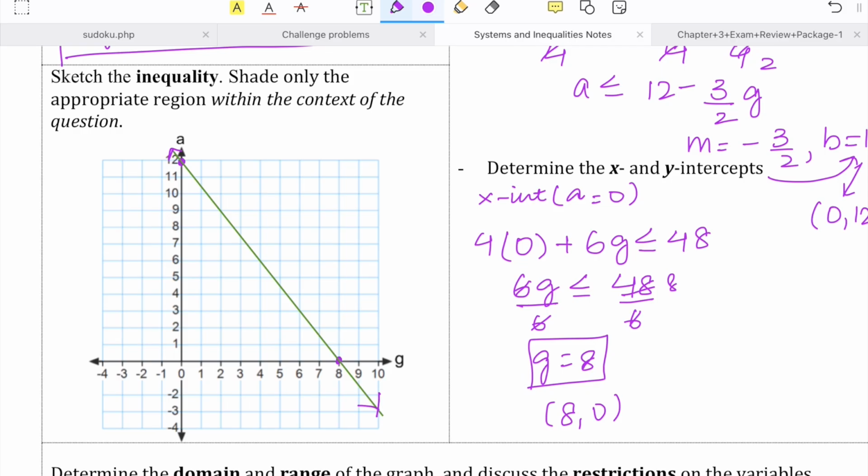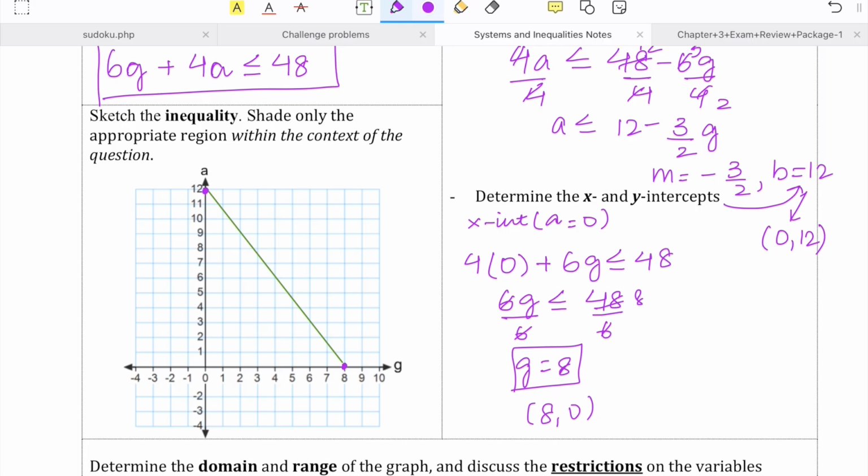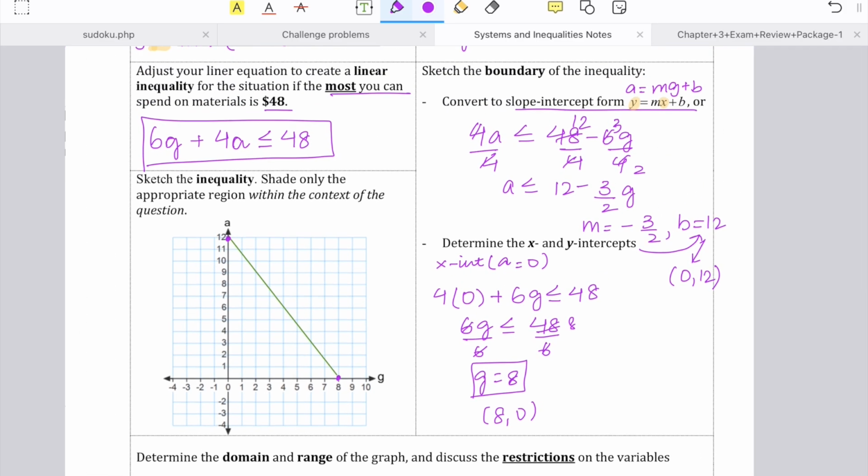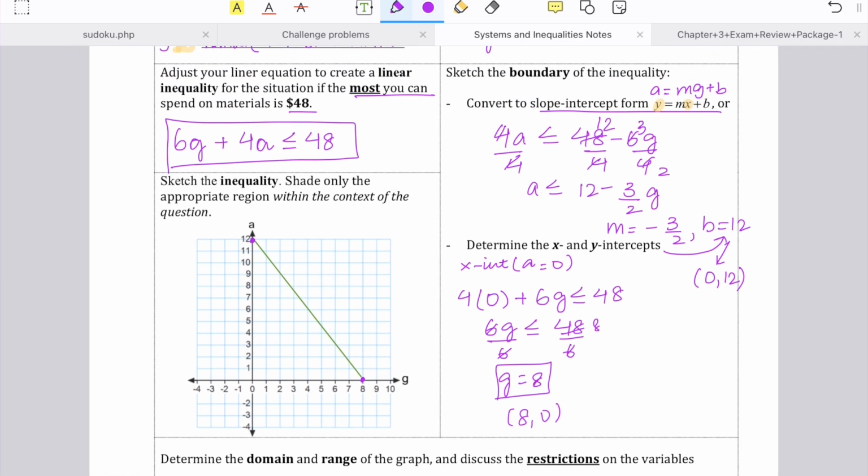Why not? It is exact amount. You cannot have negatives, right? So your line just needs to be till here, like over here. Okay, now what area will I shade? Will it be above the line or below the line? Below one. Below, because y is less than, right? So it'll be below.